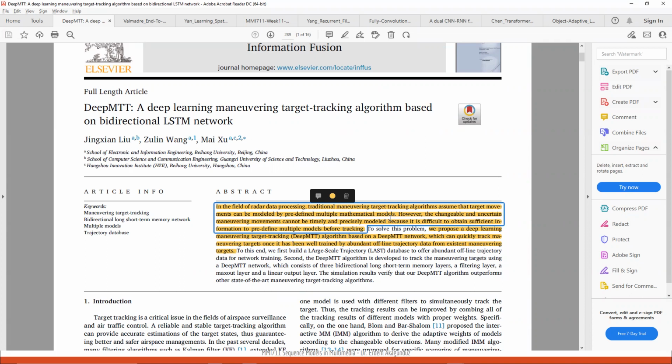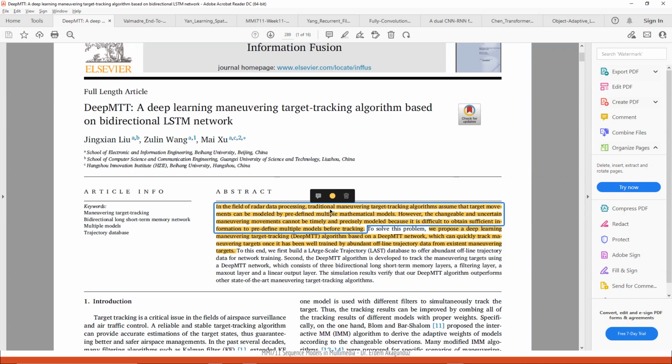These are algorithms based on Kalman filter trackers. Kalman filter trackers are the aforementioned mathematical models for target tracking. And these models model the maneuvering targets using some predefined models.